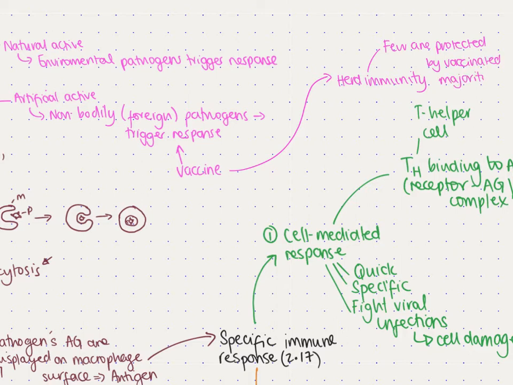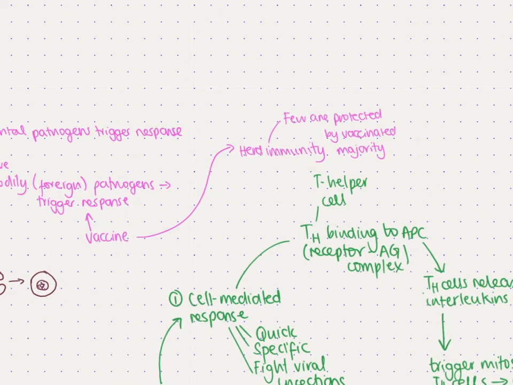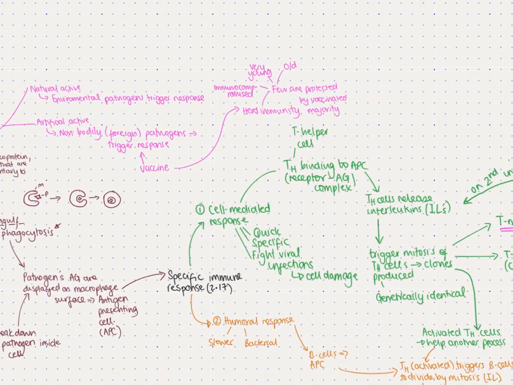And those few are going to be those that are maybe older or very young, or immunocompromised. So maybe they've had an organ transplant, for example. Compromised.